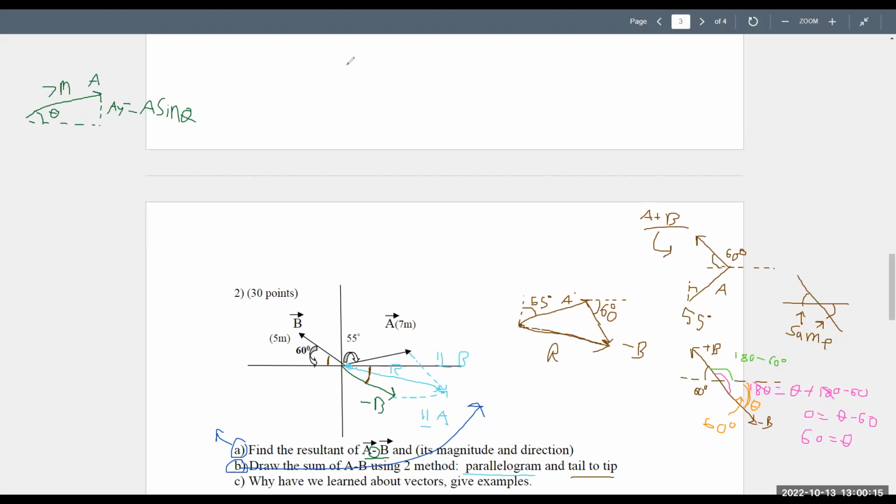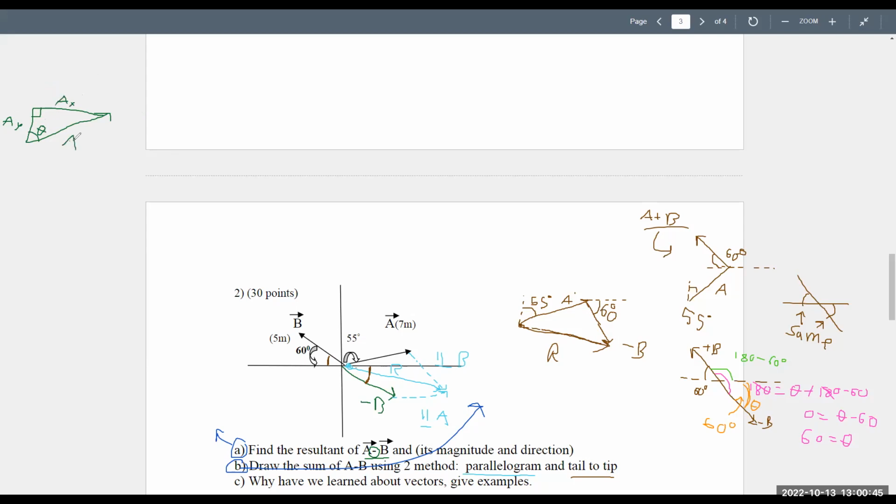Oh, right. This one would probably be better to draw the other way. Same idea. You have your A, but instead of going that way, you do it this way. And this is your AY. This is your theta. AX.